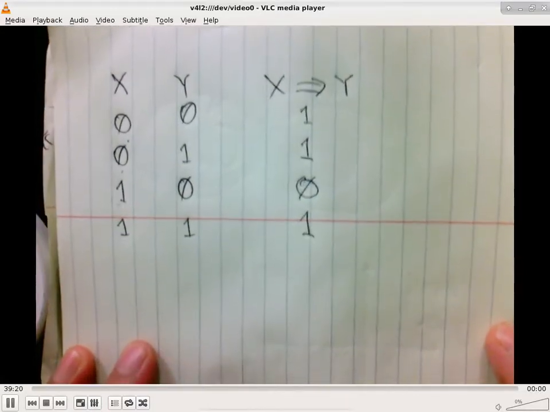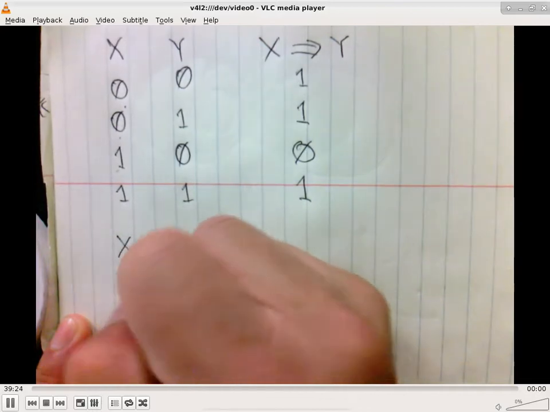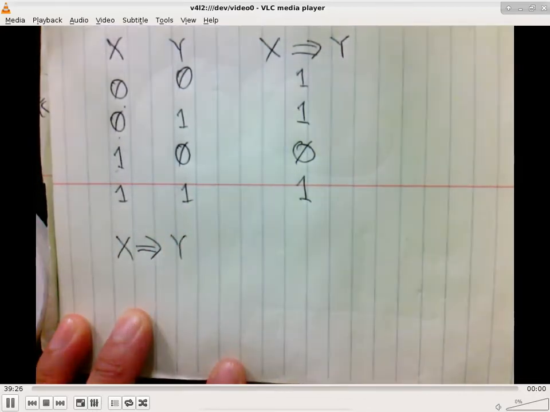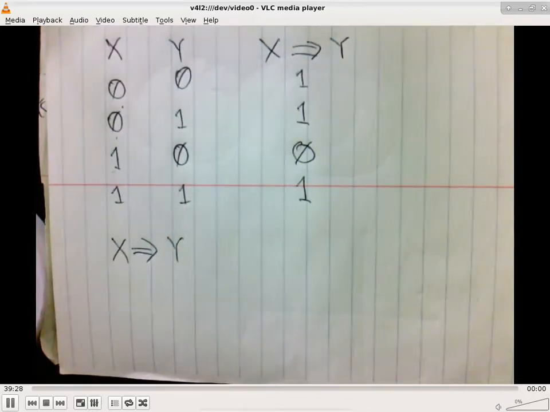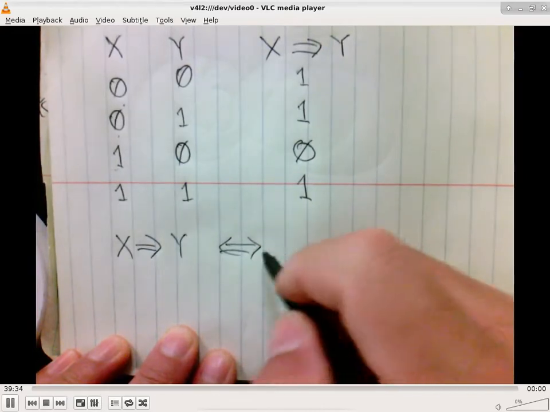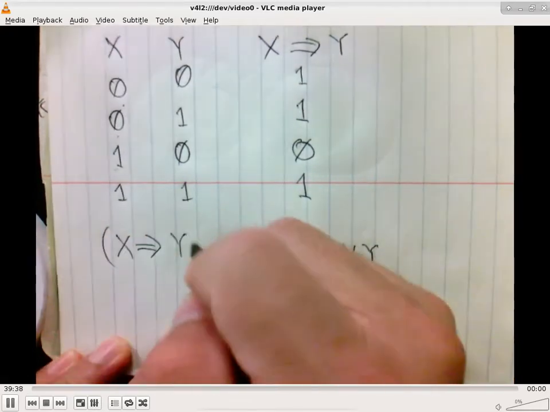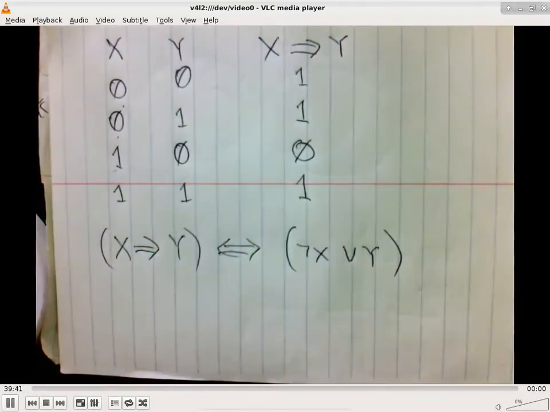The other way to look at this is to look at the other way to define implication. X implies y, and look at implication as an operator, just like plus, minus, and the other operators. This is really the same thing. It is equivalent to not x or y. These two expressions are exactly the same.